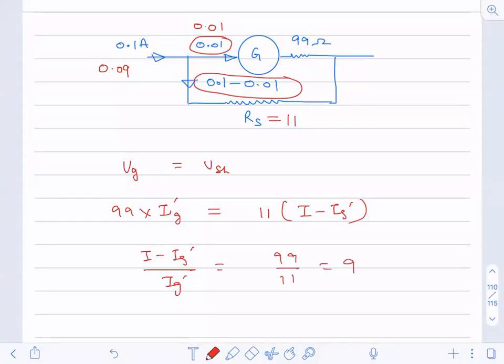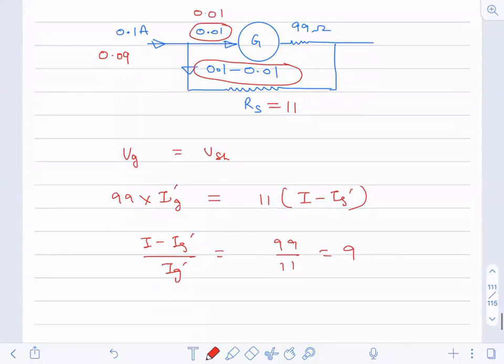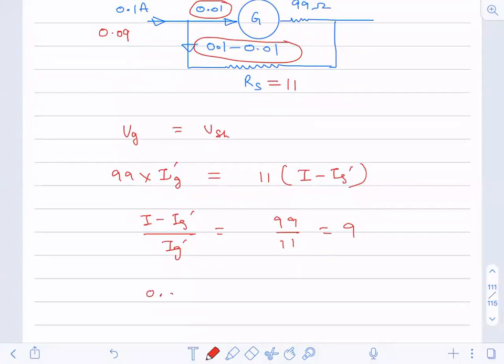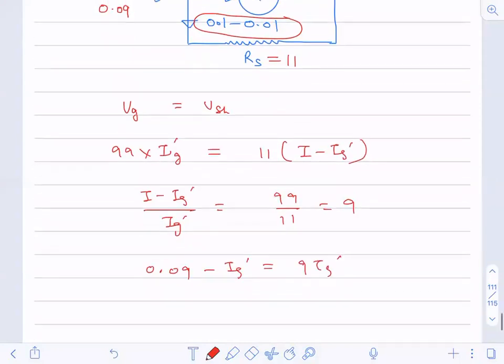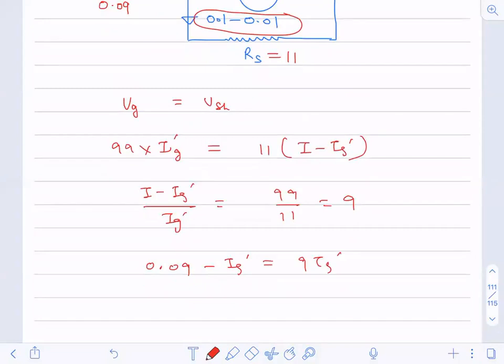The value of I I have already given you, which is 0.09. So 0.09 minus IG dash is equals to 9 IG dash. So that becomes 10 IG dash. Then IG dash becomes how much?